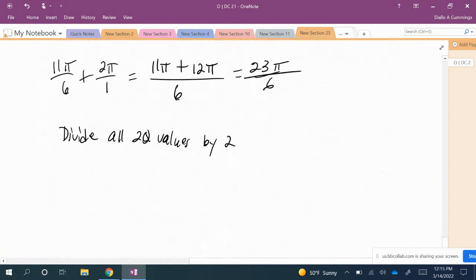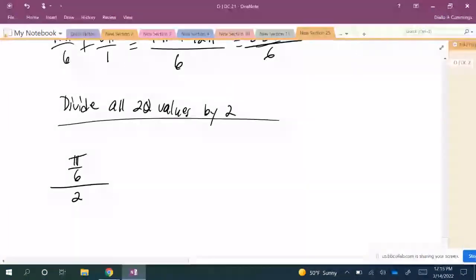So first let's start with pi over 6. We want to divide that by 2, right? But in this instance, I'm going to make 2 a fraction, so I'm going to put 2 over 1.